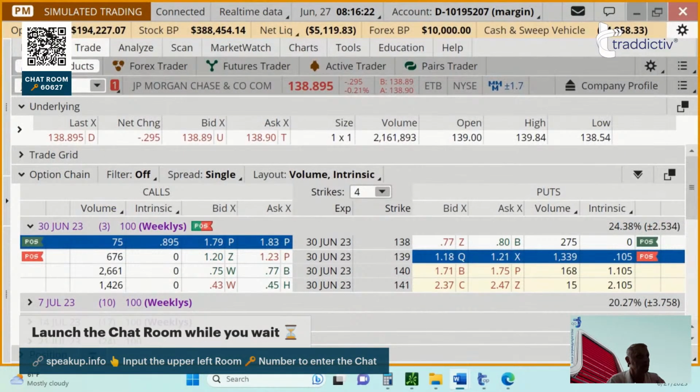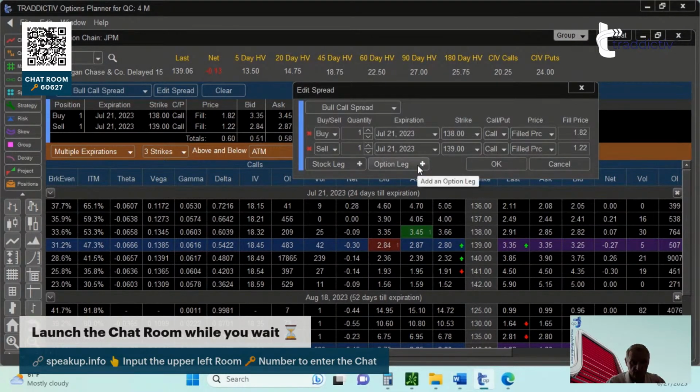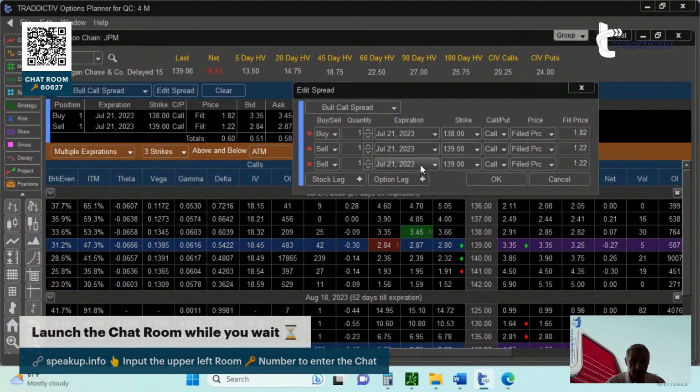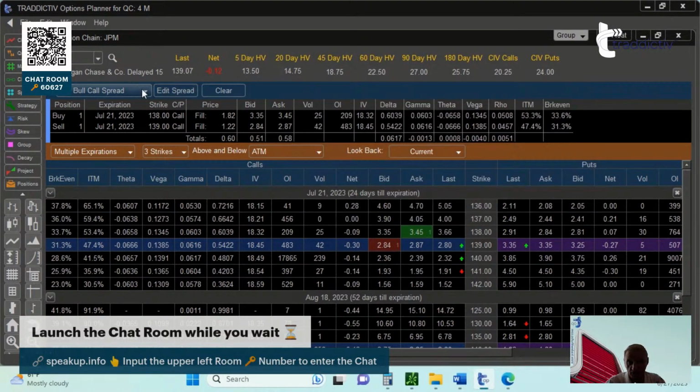So what I'm doing right now, rather than having the two different tickets, I'm going to just add a leg here. So I'm going to say add the option leg and add another option leg. So now they randomly throw in the option legs here, so what I can do in this case is just get rid of it, but I'll build this properly.